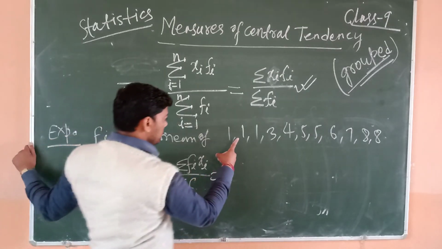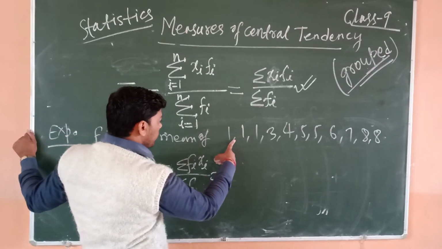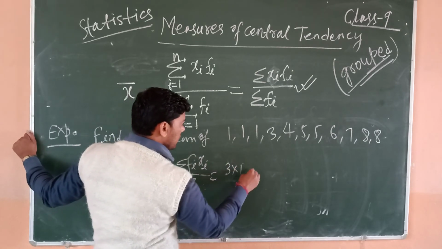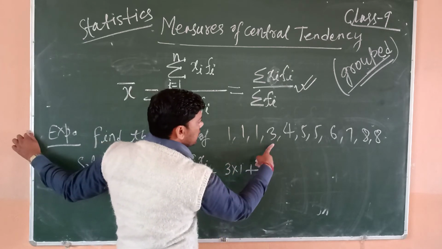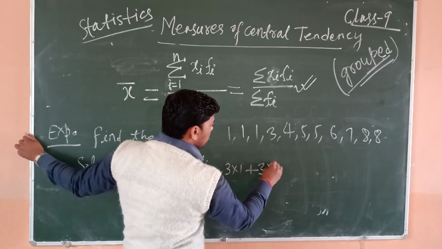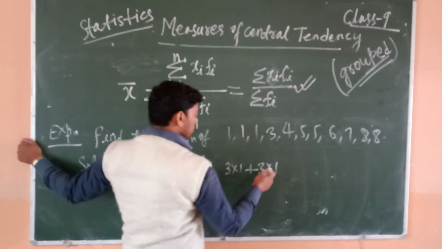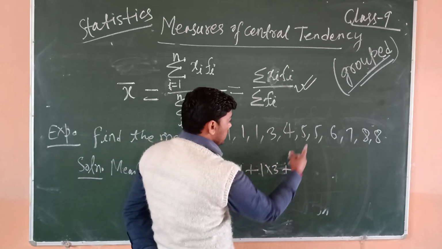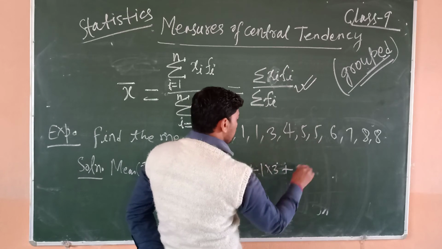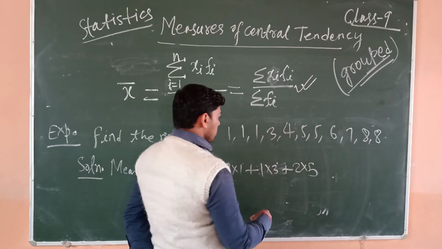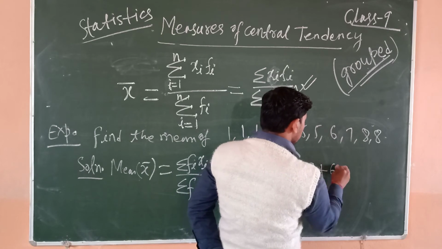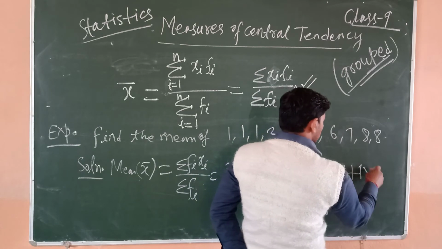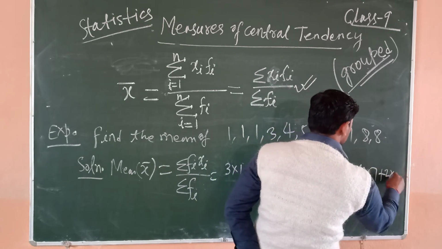Sigma fi xi means frequency of 1 is 3, so 3 into 1, plus next 3 occurs one time, so 3 into 1, or 1 into 3, plus 5 occurs two times, 2 into 5, 6 one time, 6 into 1, and 1 into 7 and 2 into 8.